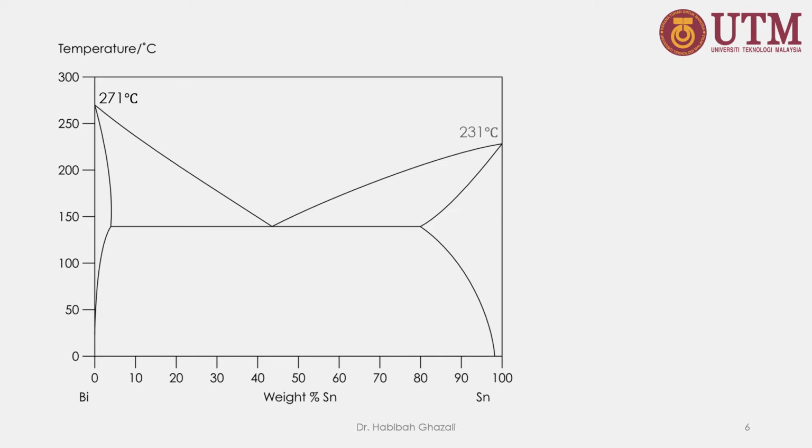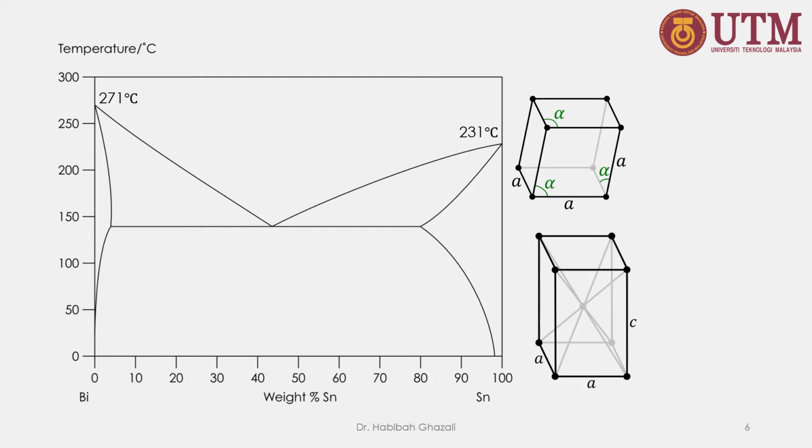So for pure tin, at 231 degrees Celsius, solidification will begin and end. And this is also an isothermal reaction. So in pure form, bismuth has a rhombohedral crystal structure, while in pure form, tin has a body-centered tetragonal crystal structure.